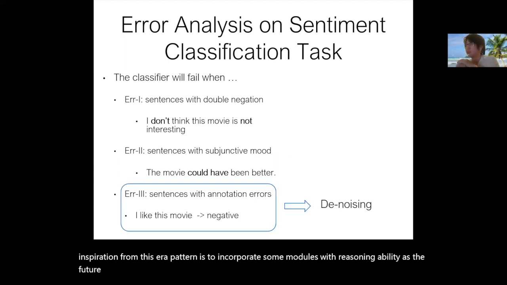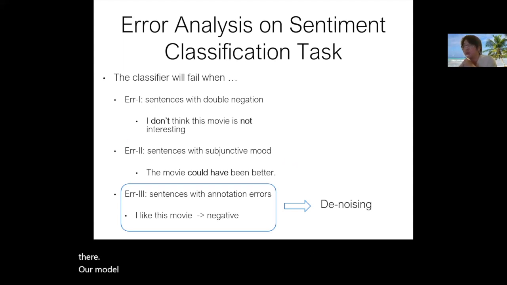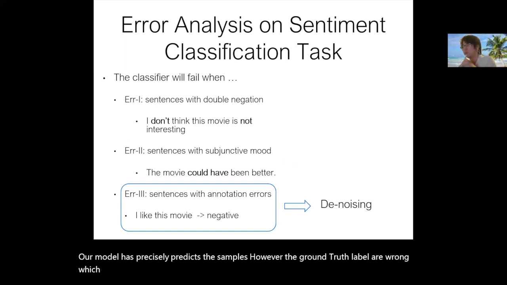So the third error pattern is samples with annotation errors. This means our model actually predicts the samples precisely. However, the ground truth labels are wrong, which means the annotation of the text samples is not perfect.